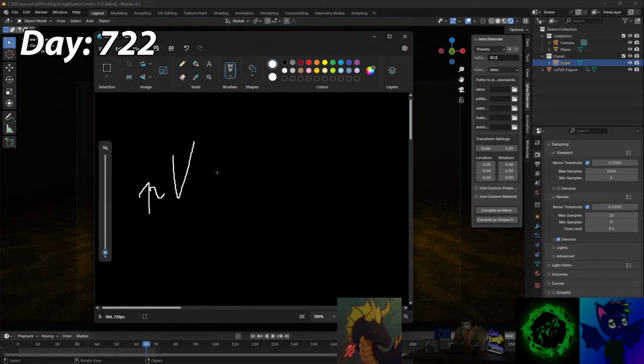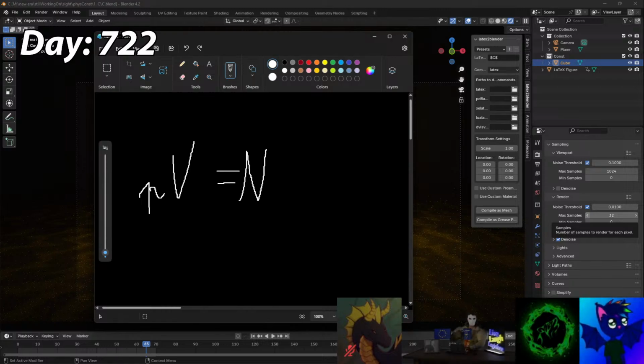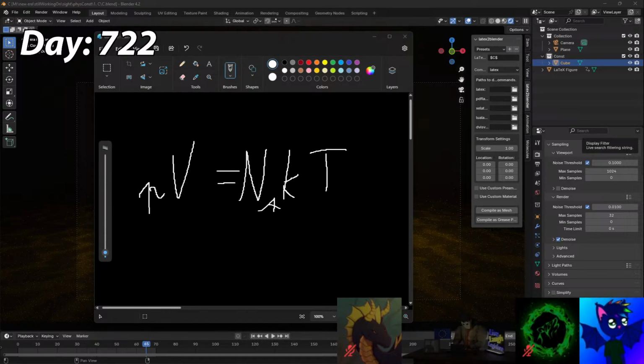PV is equal to N, K. Wait, was it NKT? Yeah, NKT. The whole point here is that pressure times volume is equal to N, Boltzmann constant, temperature. There is no A needed there because that's the number of atoms and not Avogadro's number.